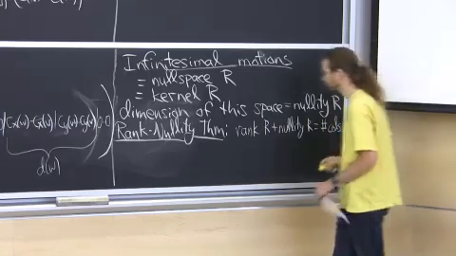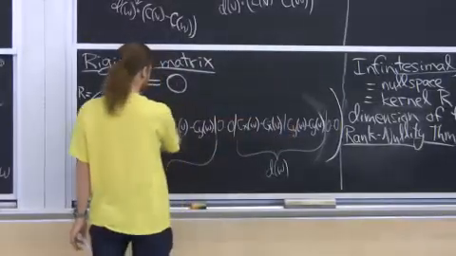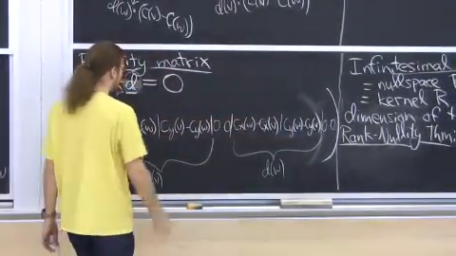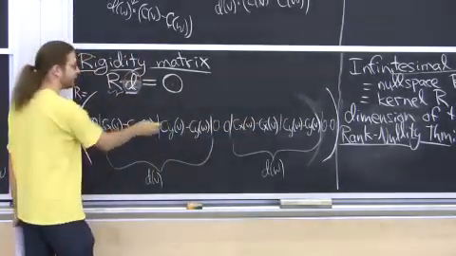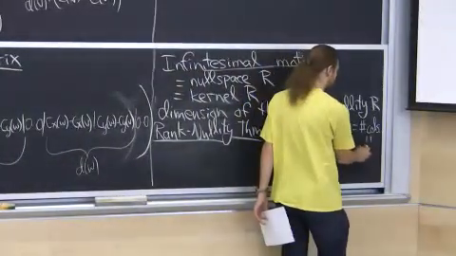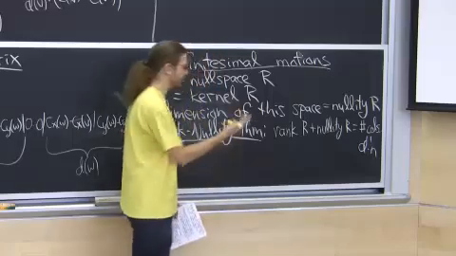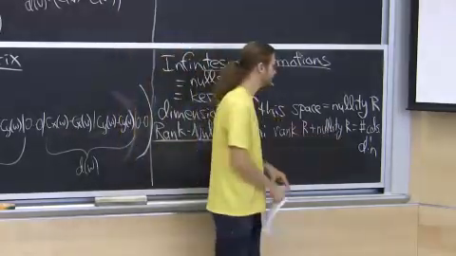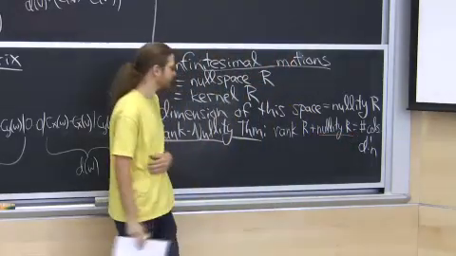Now in our case, the number of columns is d times n. We have n vertices down here, and each of them has d coordinates. So for us, this is d times n. So this is like a conserved quantity. What we care about is the nullity. This is the space of motions, infinitesimal motions.